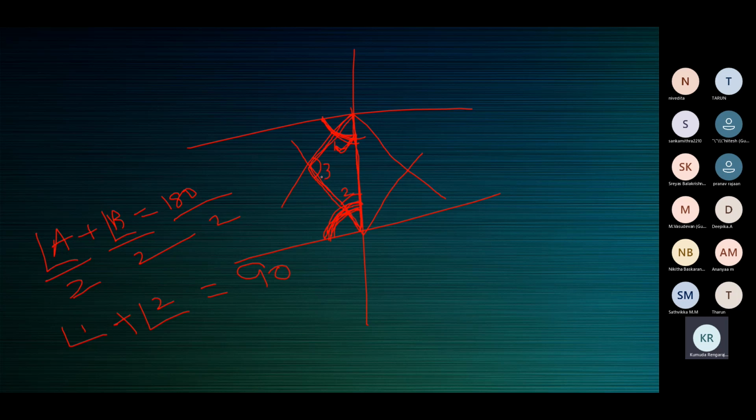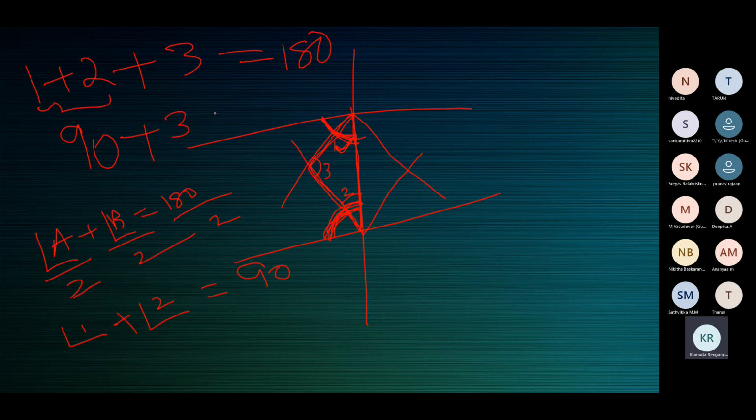So angle 3 will be 90 degrees, because angle 1 plus angle 2 plus angle 3 is equal to 180, since the sum of the 3 angles of a triangle is equal to 180. We know that angle 1 plus 2 is 90 degrees, so 90 plus angle 3 is equal to 180. So angle 3 is equal to 180 minus 90, which is 90 degrees. So you can also prove it like this.